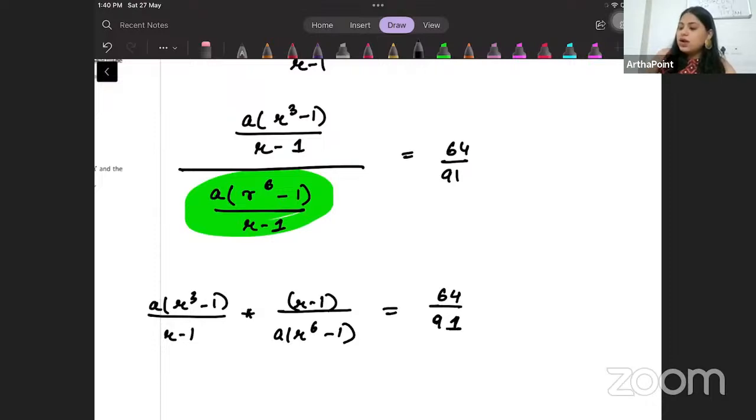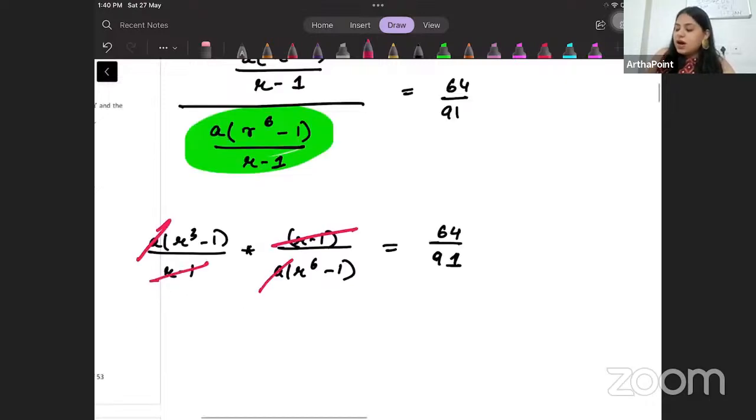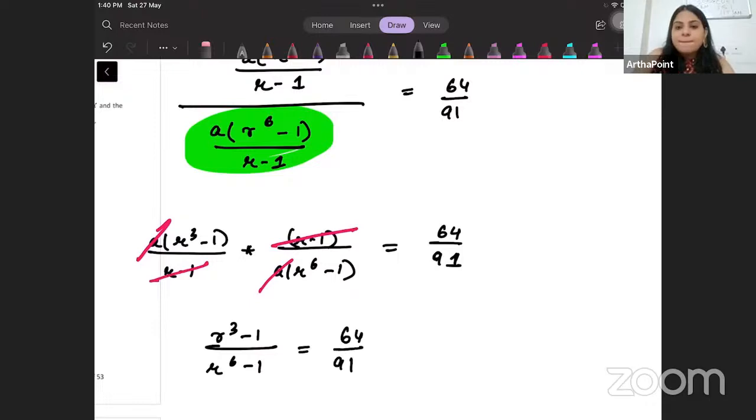So let me cancel a out. And I will be left with (r to the power 3 minus 1) upon (r to the power 6 minus 1) equal to 64/91. Now beta, if you start solving this by cross multiplying, it will take you a life to solve this. We don't have to do it like this. What do we do?